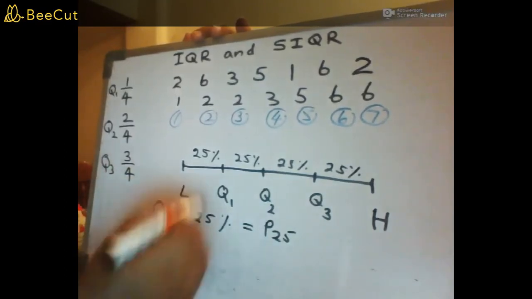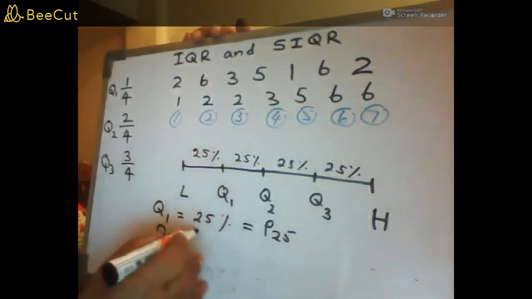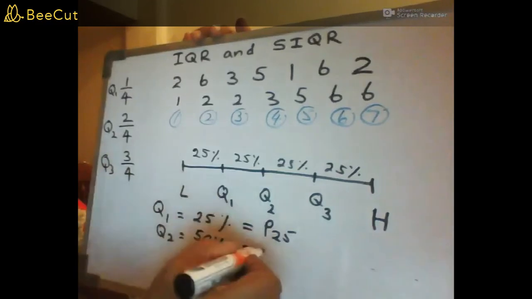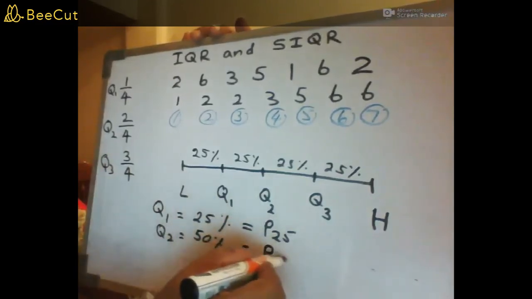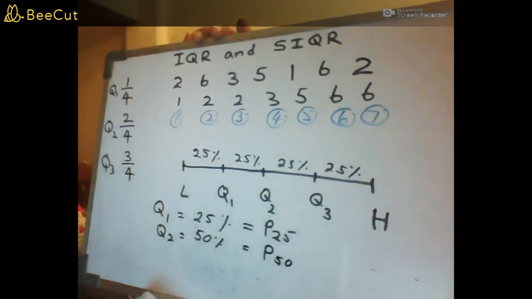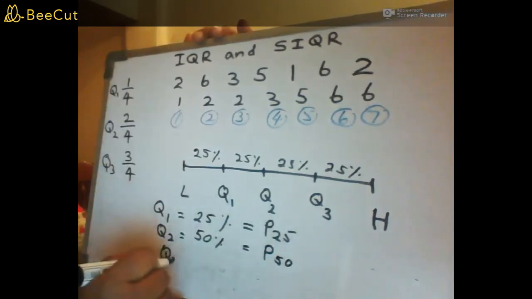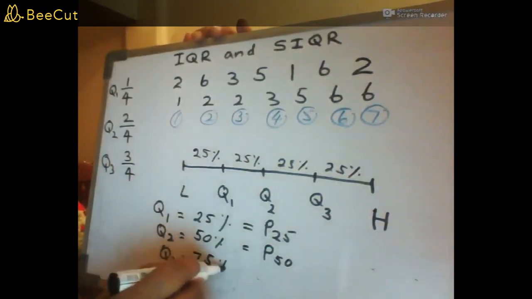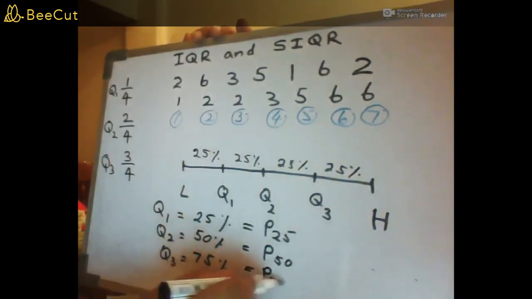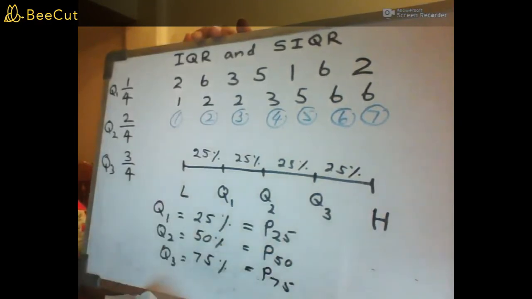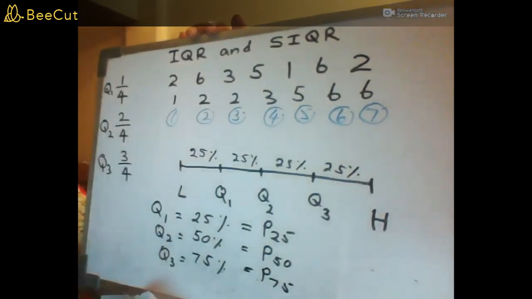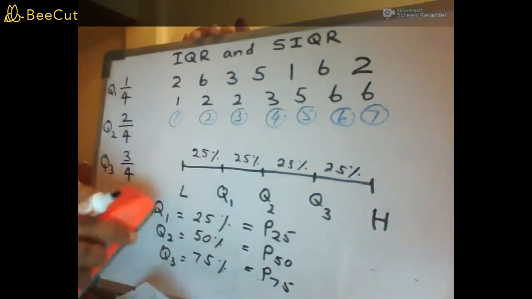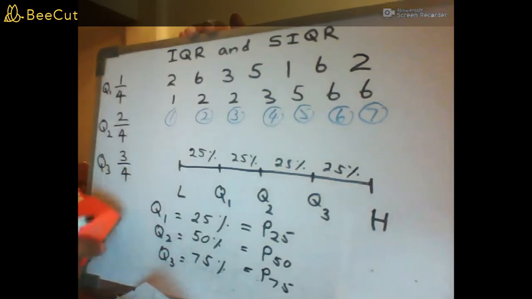What do you mean by Q2? 25, 25, that means 50%. 50% means P50, the median. Then Q3: 1, 2, 3, 75%. That means P75. These are the things. That's the base, the concept of quartiles.